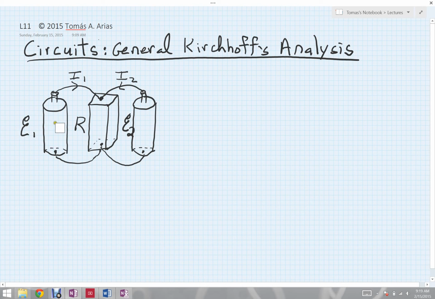Now I've begun the lecture here with a three-dimensional diagram because I want to begin by making a point about how actual batteries work, how they function.